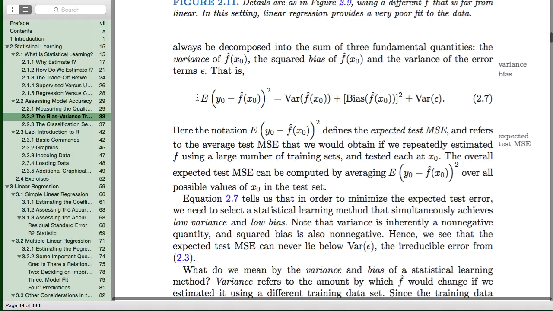So this equation takes the expected test MSE, so the expression on the left-hand side is what's called the expected test MSE. And the expression on the right-hand side is that expected test MSE decomposed into 3 parts. Somewhere in here it says, it can be shown that this equals this, and we're not going to make you do that.